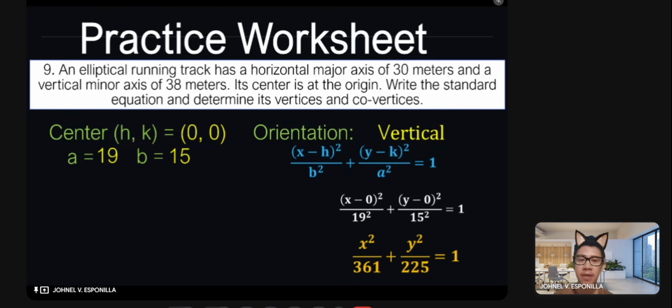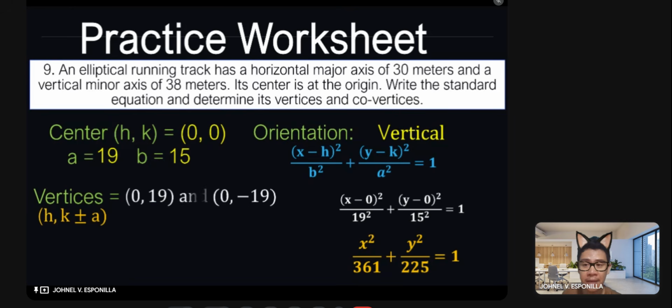So maliban po sa standard equation, hahanapin pa natin yung vertices and the co-vertices. So ano yung formula for vertices under vertical? So plus minus A sa K. Okay? Then yung co-vertices natin mamaya is plus minus B sa H naman. So dito tayo sa vertices, yung H natin ay 0, yung K po natin ay 0 again, at yung A ay 19.